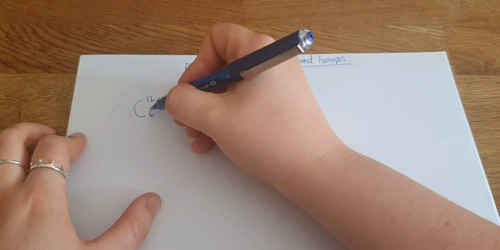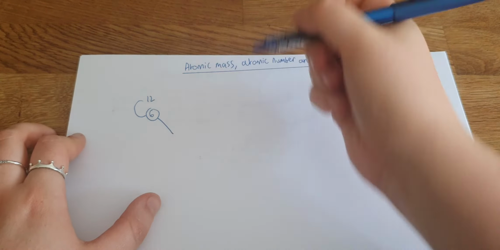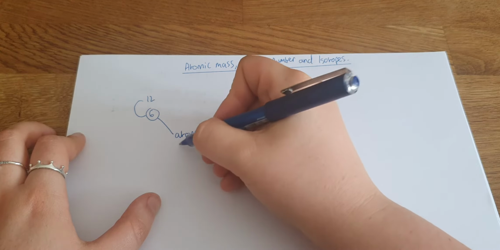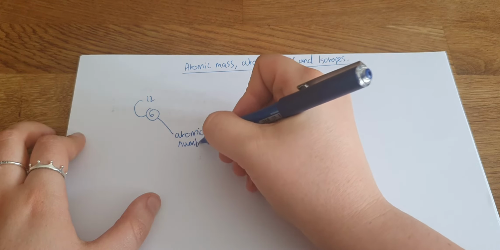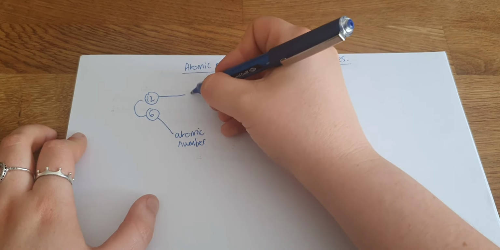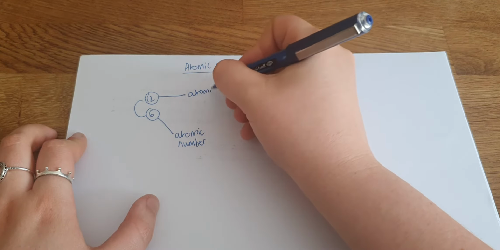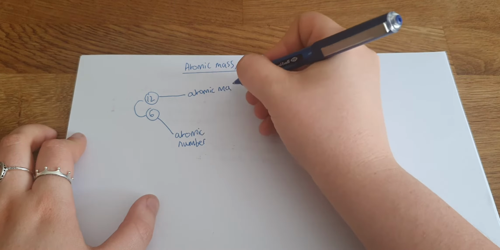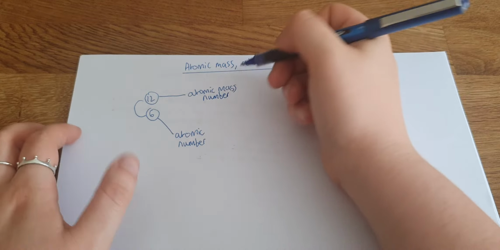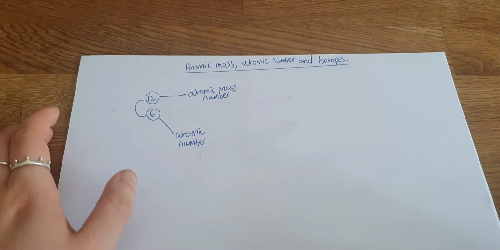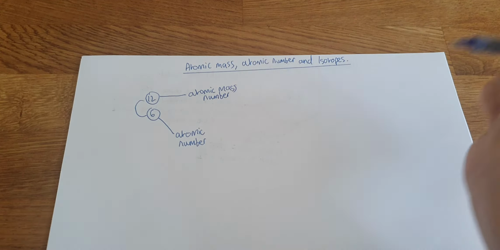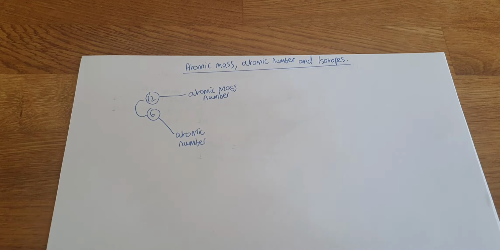And this number, that is your atomic number, and this number here is your atomic mass number, or relative atomic mass number and relative atomic number. You'll notice that the word relative appears quite a lot in this topic.